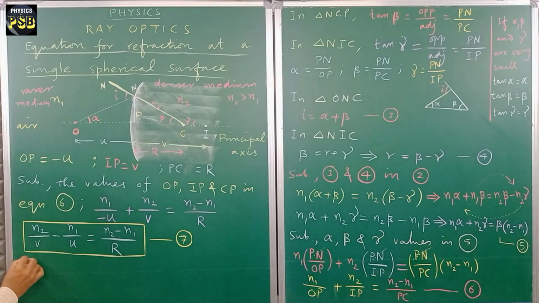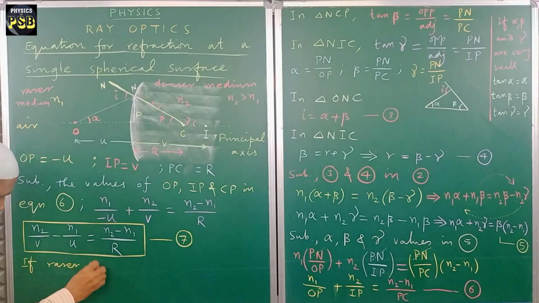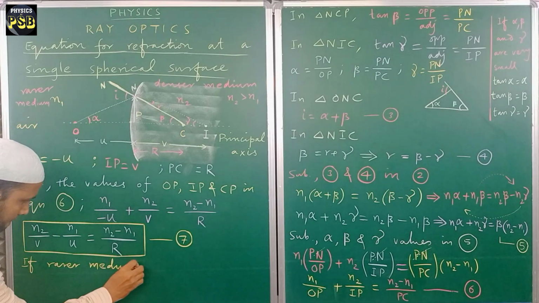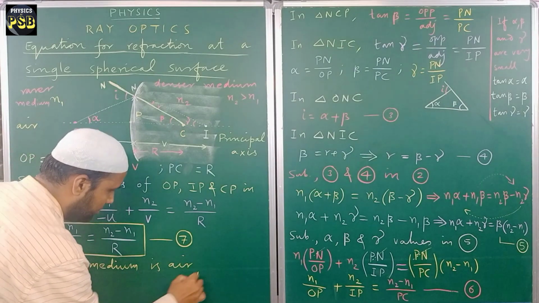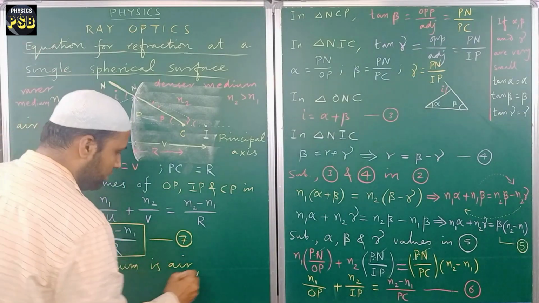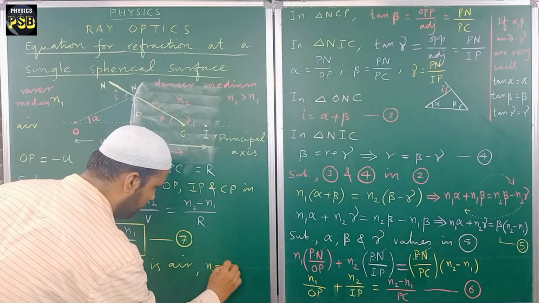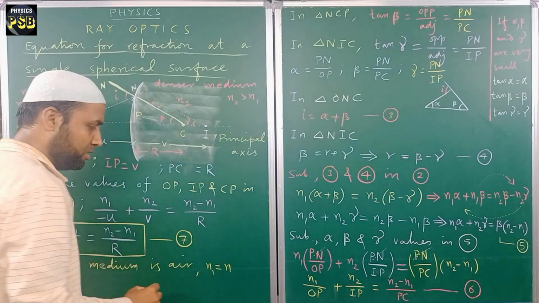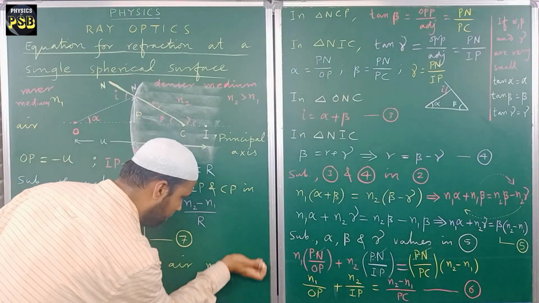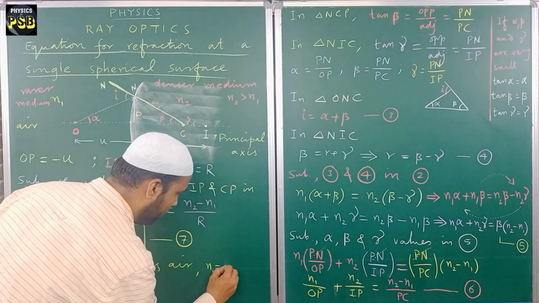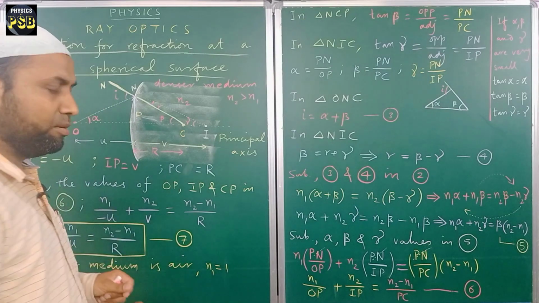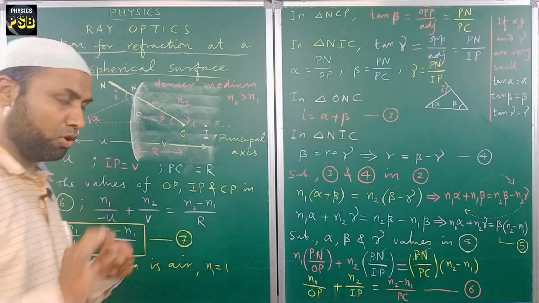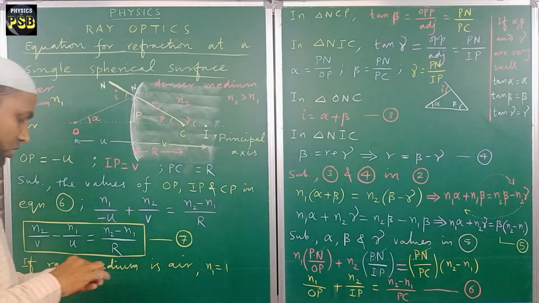If the rarer medium is air, then N1 is taken as 1, because 1 is the refractive index of air.